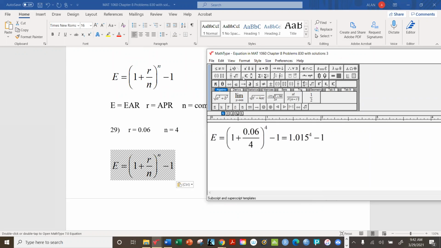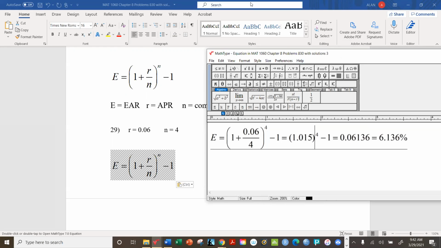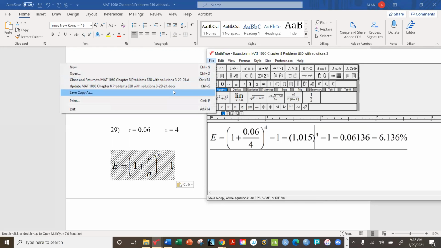And let's see what that turns out to be. 1.015 to the 4th minus 1. It's 0.06136, let's say. Actually, let me put parentheses here. It looks nicer that way. All right, so it's 6.136%.